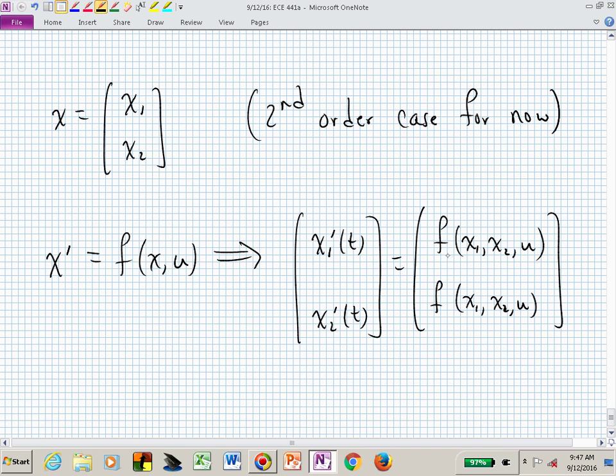Those are not necessarily the same f, so let's label those in the rows that they hold in that vector: x1 prime is now f1, and x2 prime is f2. We've already done one row, except we didn't have this coupling behavior. Now we have to worry about the coupling.